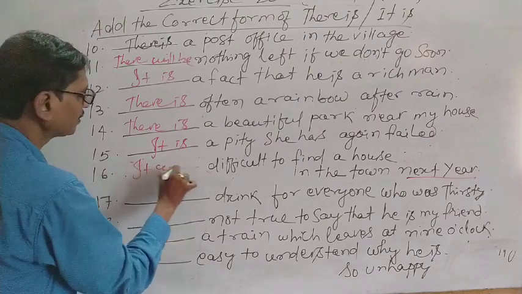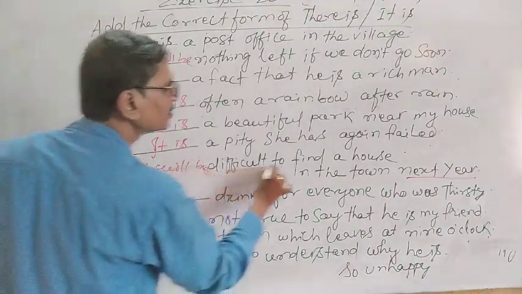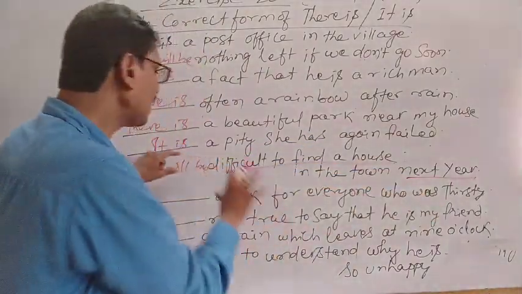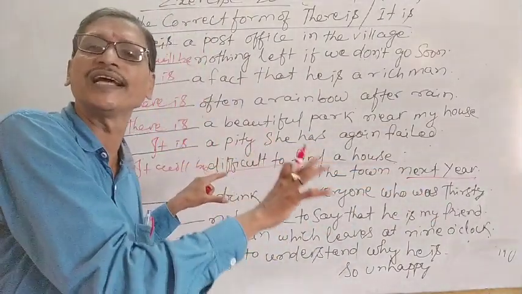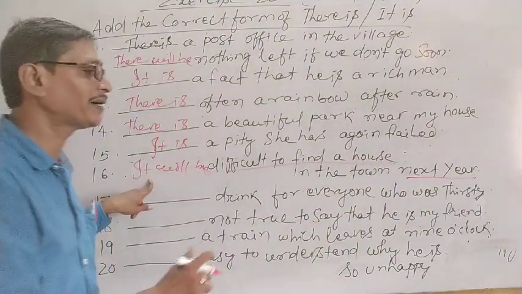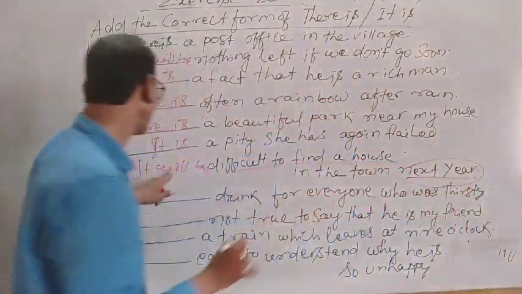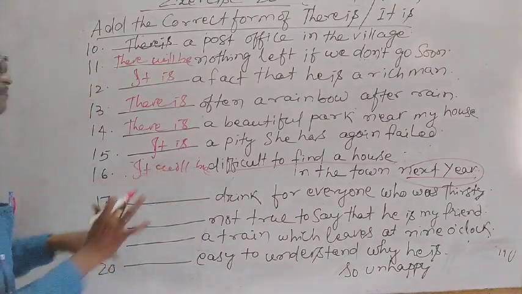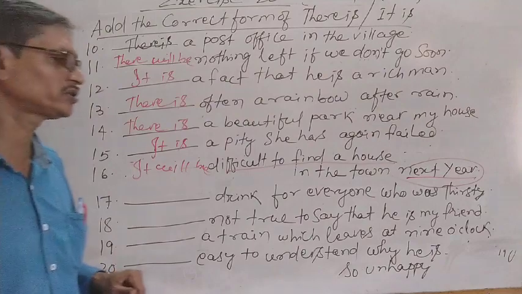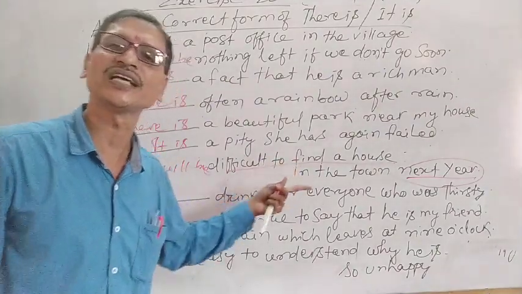It will be difficult to find a house in the town next year. We are expressing a phrase. Understand? So we have used it, but since it is the future time, we have used will be. It will be difficult to find a house in the town next year.